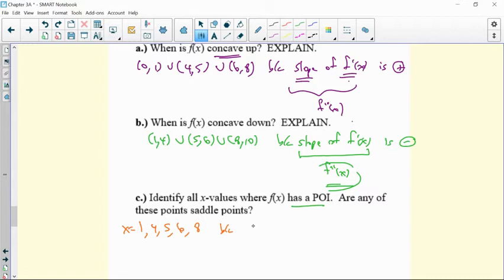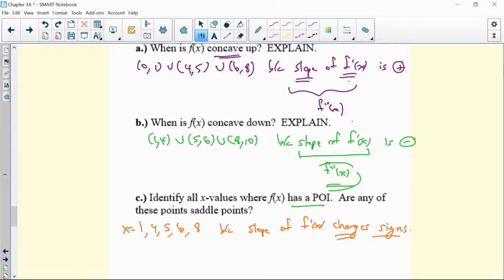Because the slope of f prime of x changes signs. Notice that technically at those points, they're not even zeros. Those are cusps, so they're actually undefined. But it's okay. It's either being 0 or undefined, but then changing signs. And you don't have to say this one goes from positive to negative and this one goes from negative to positive, because it doesn't matter. As long as you've changed a sign, then you're a point of inflection.